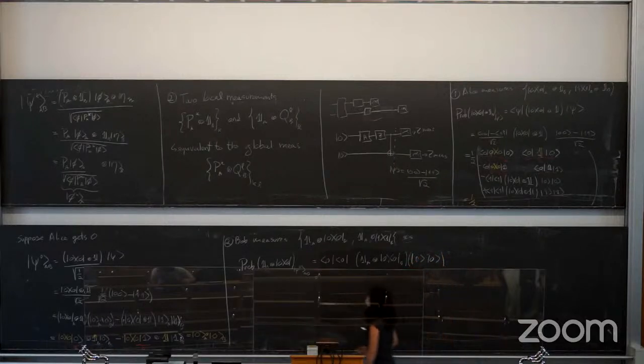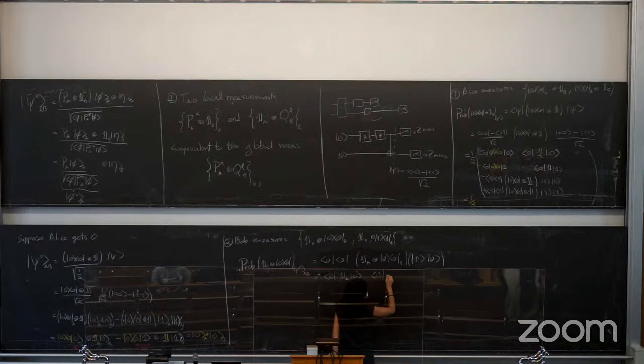And that's on system A, identity, and on system B, this is a number, so we don't need a tensor product anymore. 0, 0, 0, 0. These are 3 numbers and they're all 1.